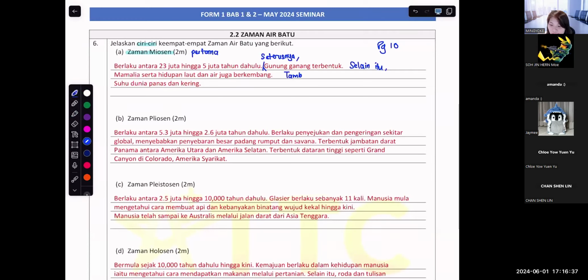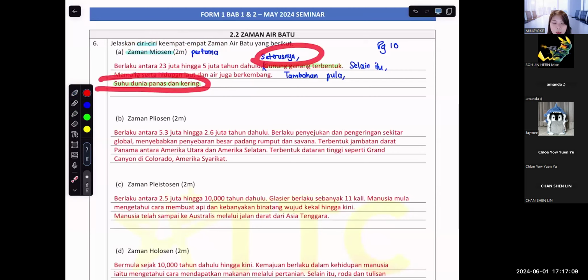Tambahan pula. Do you need to write so many? No need. Why? Because it's only 2 marks. So you choose the 2 shortest answer. You put in. Choose the 2 shortest. Example, gunung ganang terbentuk, suhu dunia panas kering. These 2 you can get full already. So meaning you can write from what? You can write ciri-ciri zaman Miocene pertama, yaitu gunung ganang terbentuk.